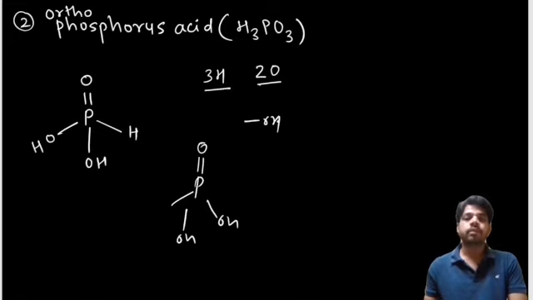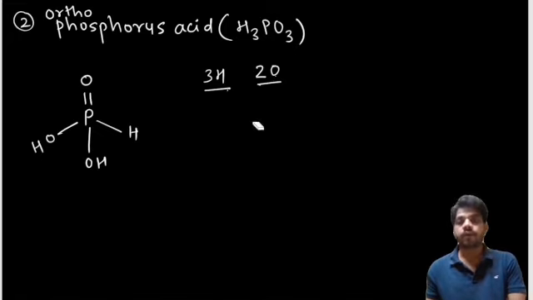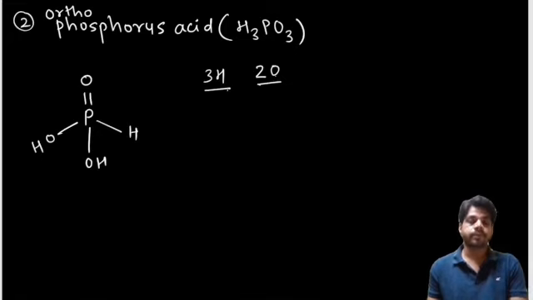So how can we manage? We can only form two OH bonds, taking two oxygens and two hydrogens. We are left with one hydrogen that will form a direct P-H bond. I hope you all got the point I tried to explain. So this is the final structure of orthophosphorus acid.